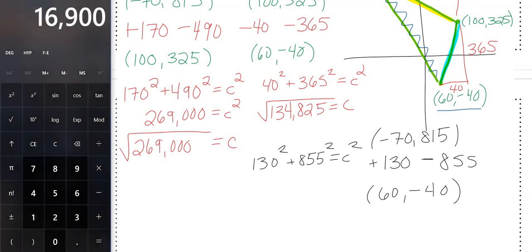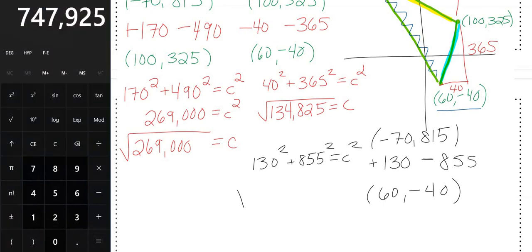130 squared plus 855 squared equals. So it's going to be square root of 747,925 equals the C. All three of these numbers, all three of these lengths need to be added together in our calculator in order to find the perimeter, okay?